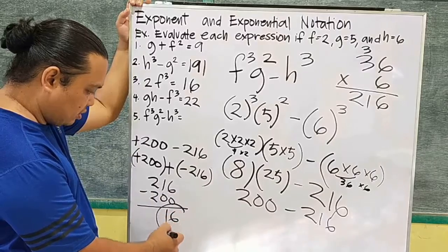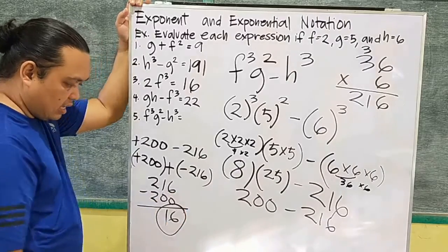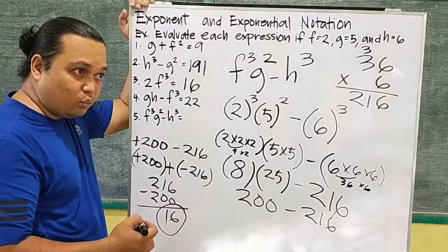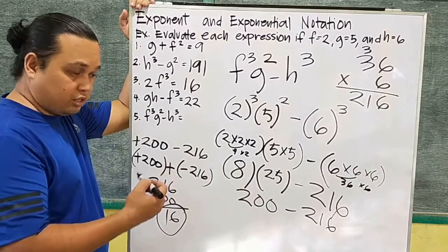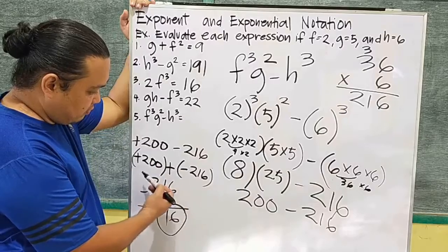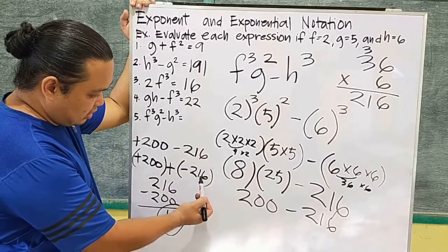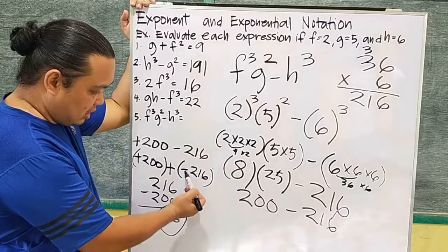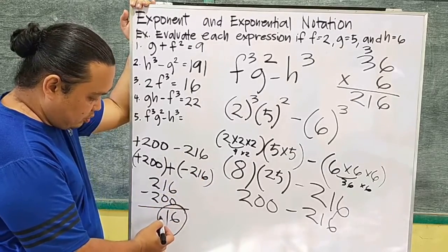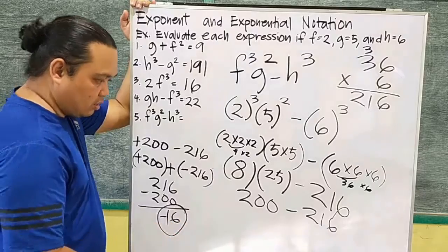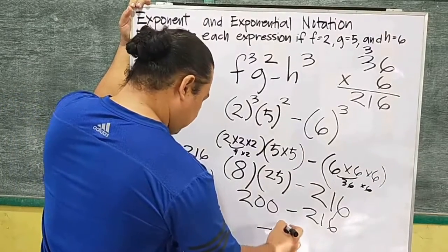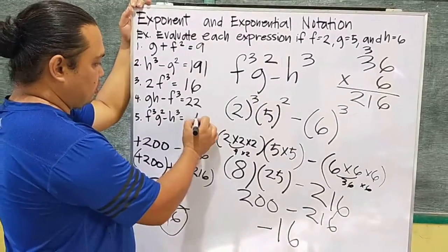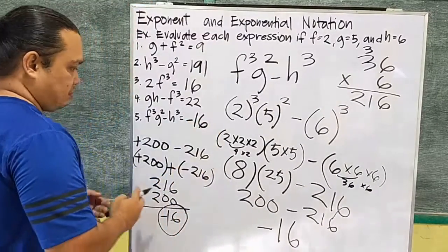So we have 16. Let's copy the sign of the number with the greater value. Of the two, 216 is greater, and the sign of 216 is negative. Therefore, our answer will be negative 16. That will be our answer.